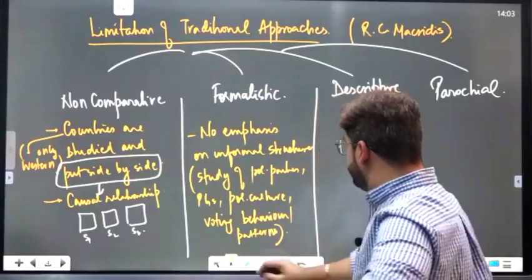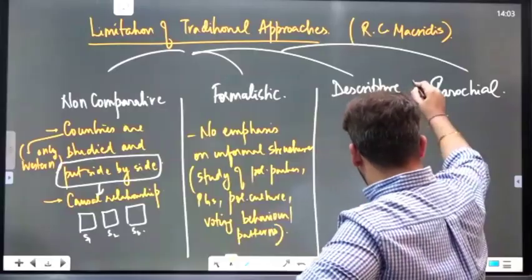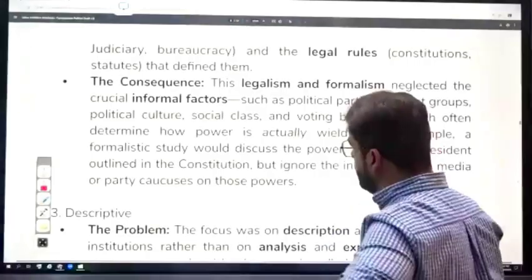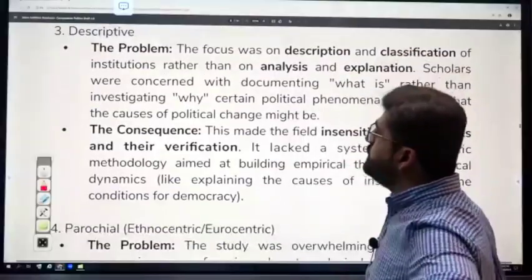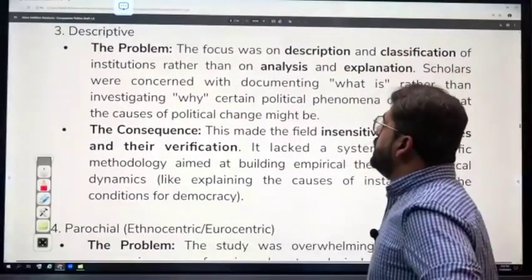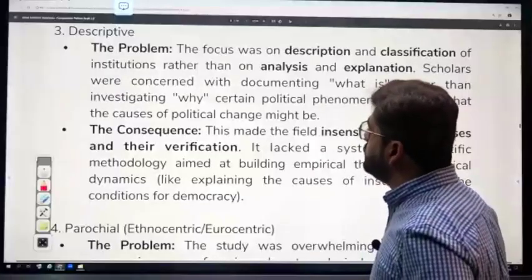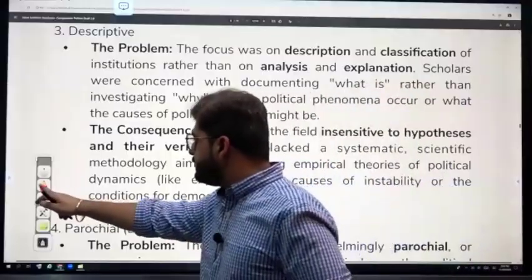Then the third is they are only descriptive in nature. The focus was on description and classification of institutions rather than on analysis and explanation. How to understand this? Stay with me.